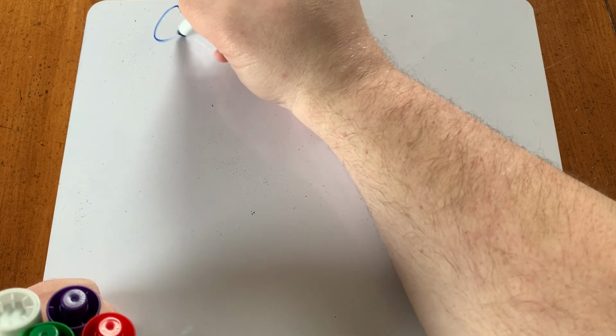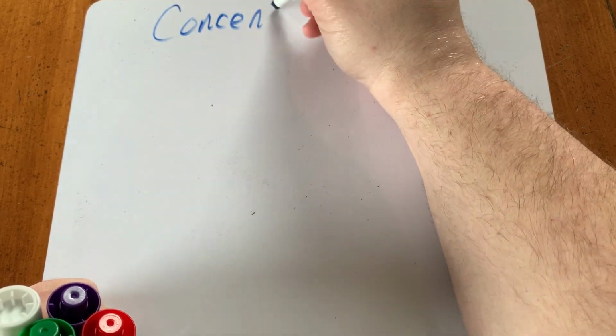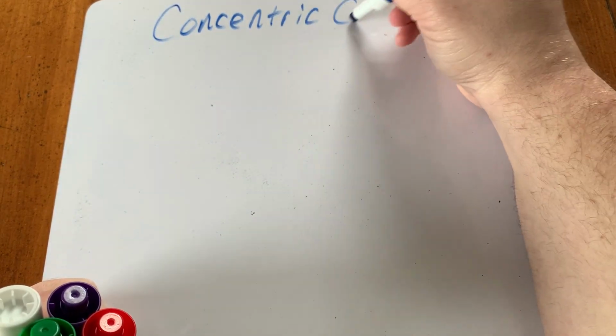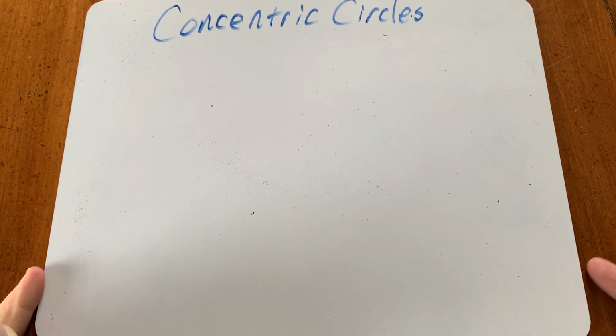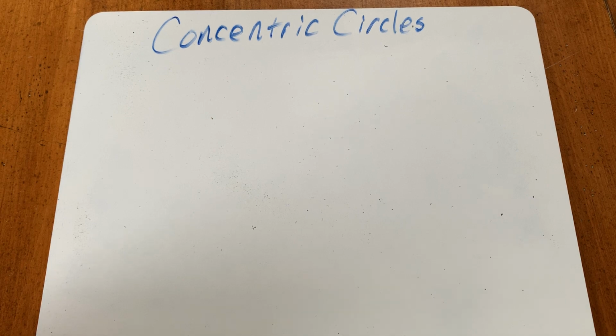So sometimes two circles may have a special relationship. One of the most common relationships that we're going to have is called concentric circles. So concentric circles are circles that are not congruent but share the same center.